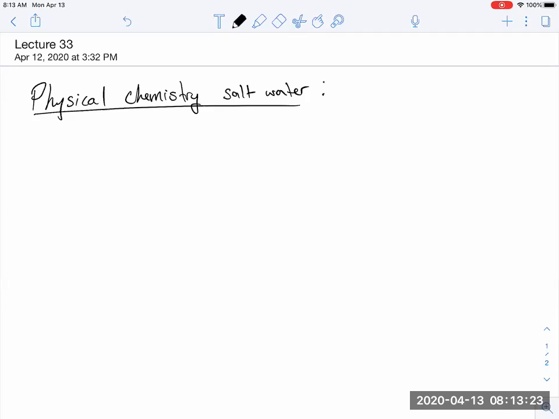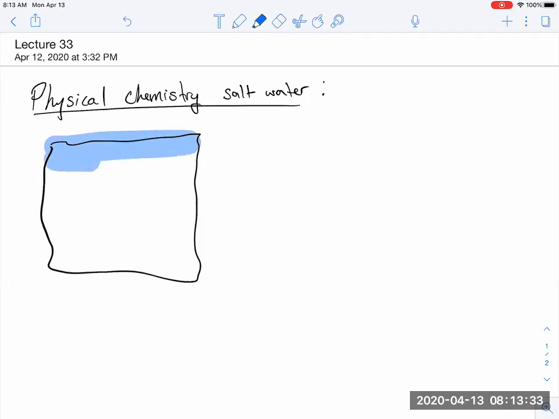of tears. What we're going to do is we're going to think back to our polar solvent. So we have some liquid here. You can envision water. And in that solvent, there are going to be some charges.